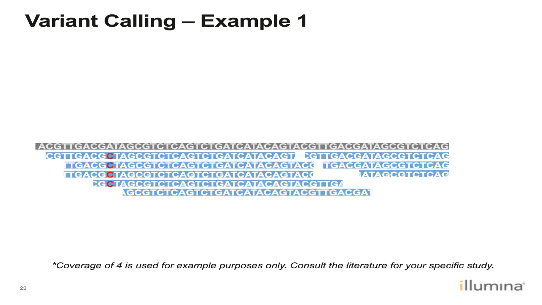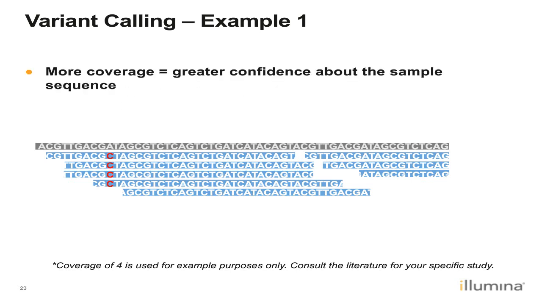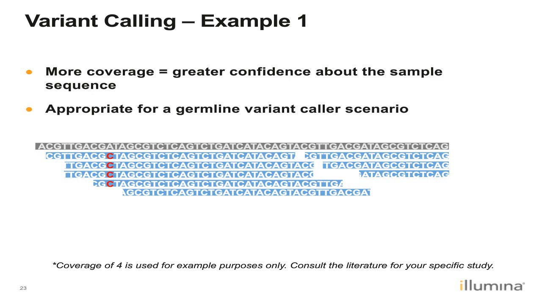So now if we increase our coverage, here we're looking at about 4x coverage, and in all of these reads, we're seeing that the C call continues to persist. So in this case, because we have more coverage, we have more confidence that this is in fact a true variation, that it would be a variant, and it would be called. Of course, this idea is appropriate for germline variant calling.